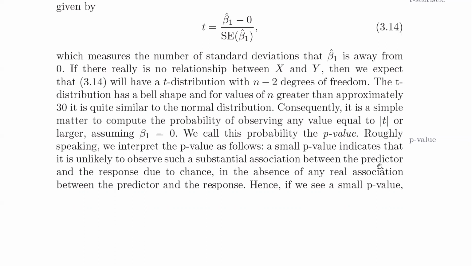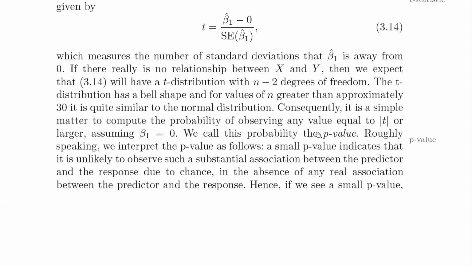Let's see how much we can salvage from this paragraph. Roughly speaking, we interpret the p-value as follows. A small p-value indicates that it is unlikely to observe such a substantial association between the predictor and the response due to chance, in the absence of any real association.